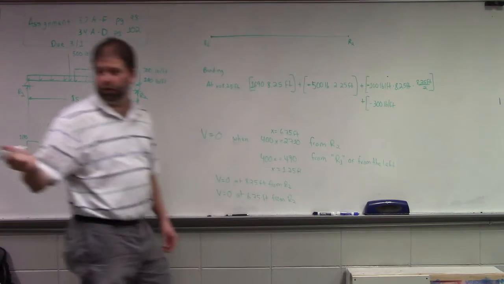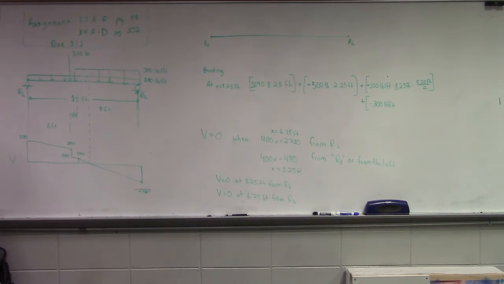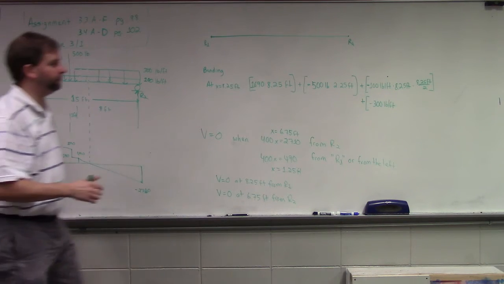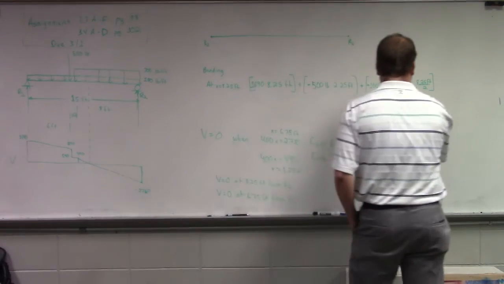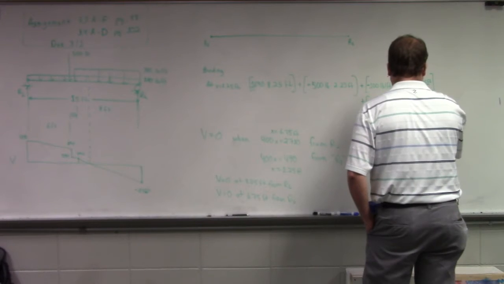Okay, so now Kurt, the 300 pounds per foot. How many feet is it acting on? 1.25, right? Because it picks up when we have a shear value of 490 and operates all the way across.